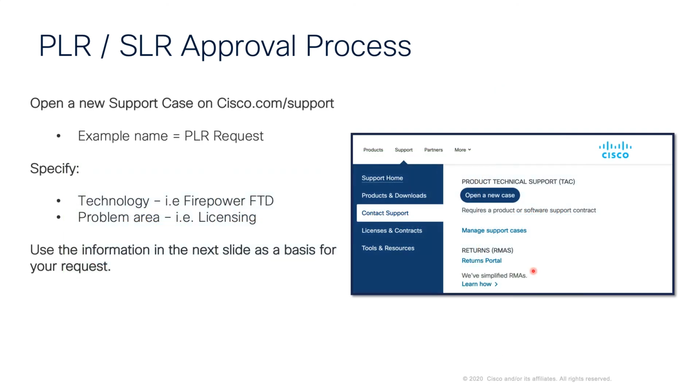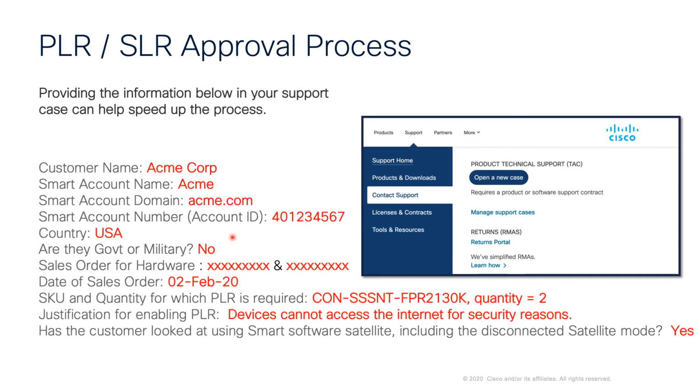So on cisco.com, we can contact support and open up a new case, give it a name, specify the technology that's being used and the problem area, licensing. And then as an example, you can use this type of information to help speed up the process. Make sure you put in the customer name, the smart account name, and the domain associated with the smart account, your smart account number, the country you're associated with, and whether or not you're a government or military entity.